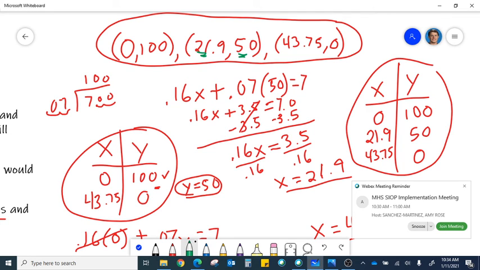So if you were to go back in and check, if you plugged in 43.75 for x and 0 for y into the equation, 0.16x plus 0.07y equals 7, you're going to get 7 equals 7. Same thing for 0, comma 100. When you plug in 0 for x and 100 for y, you're going to end up with 7.